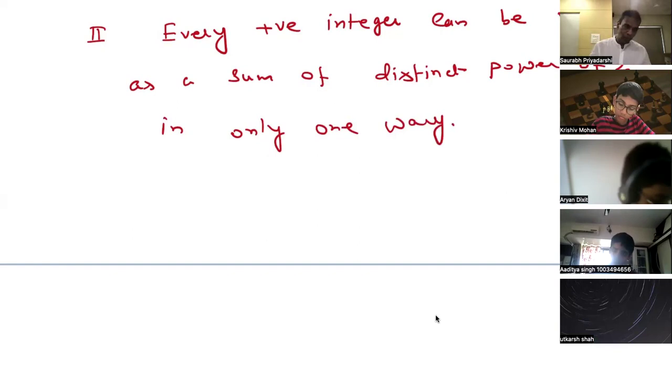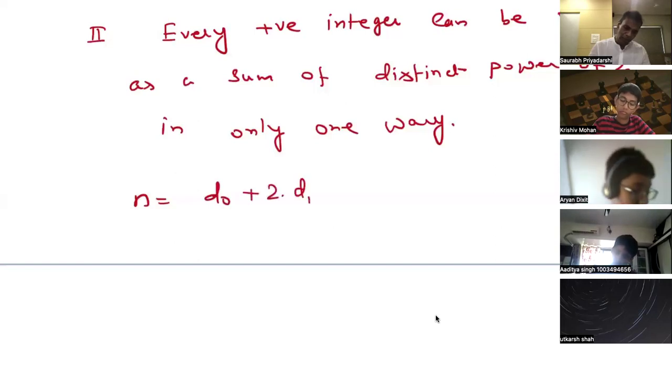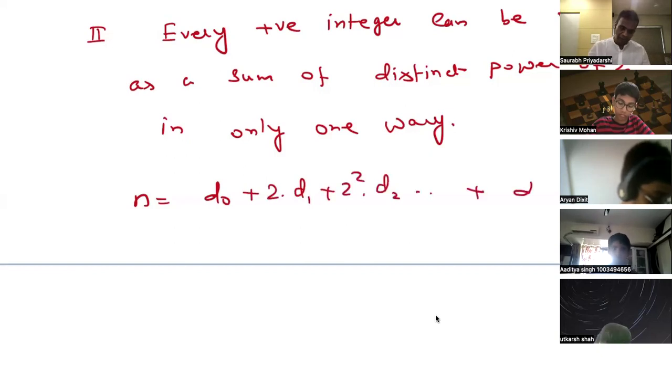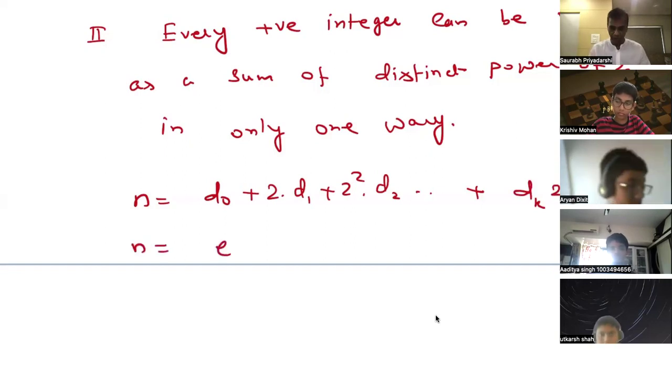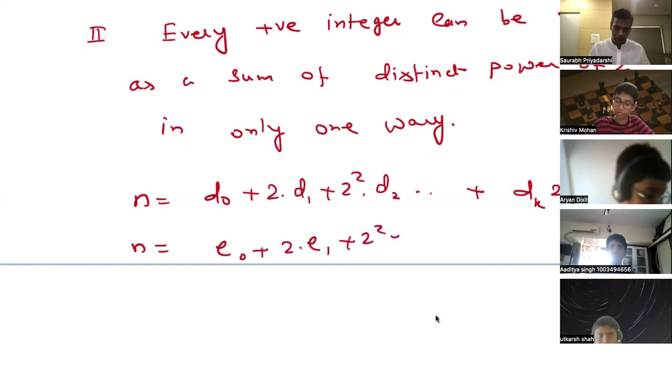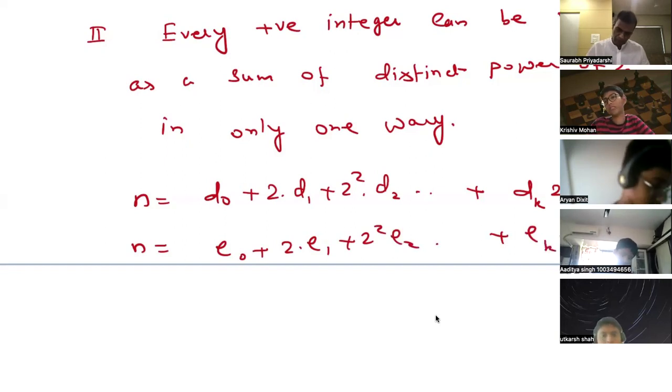So what I'm saying is, if the number n is written as d0 plus 2 into d1 plus 2 square into d2 and so on up to dk into 2 to the power k, and similarly n is written as e0 plus 2 e1 plus 2 square e2 up to ek into 2 to the power k.